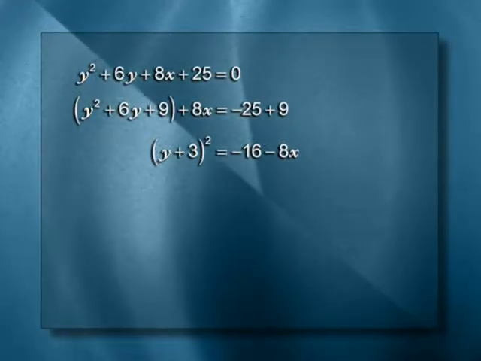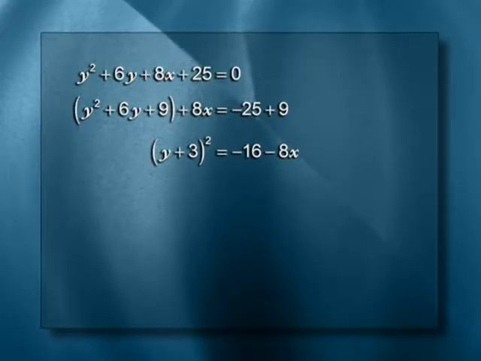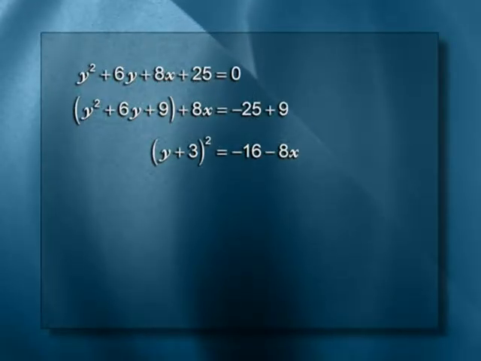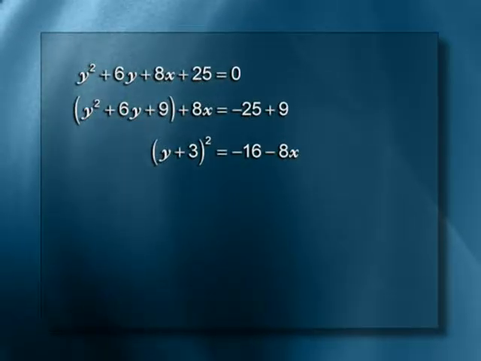And that 8x, I'm going to motor that over to the other side as well. So it's minus 16 minus 8x. Now it's beginning to look like the standard form of a parabola, isn't it? We have to do some more massaging. Remember that equation had a 4 in it, didn't it? That general equation. So we're going to do some factoring here.